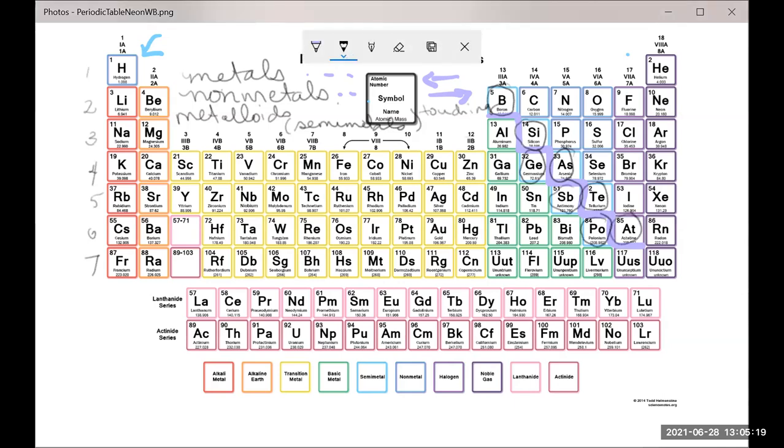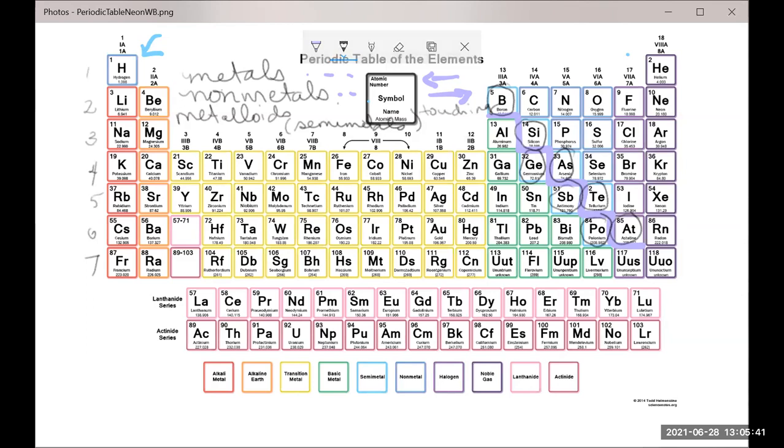So what's the difference between the two? What we're going to do is go through the differences between metals, nonmetals, and metalloids. Let's continue to focus on our periodic table first before we get to more specifics. Our periodic table tells us which ones are metals.